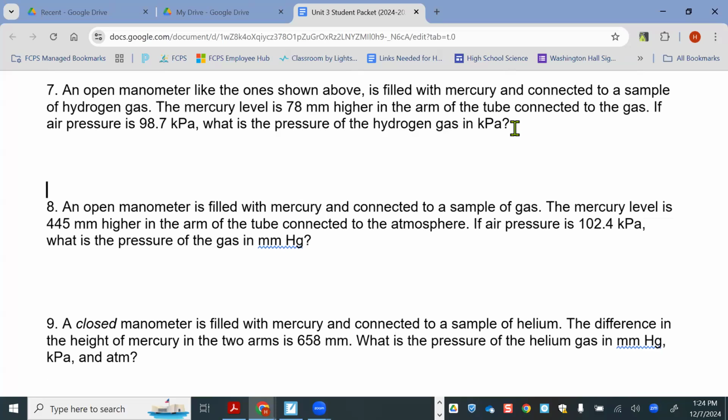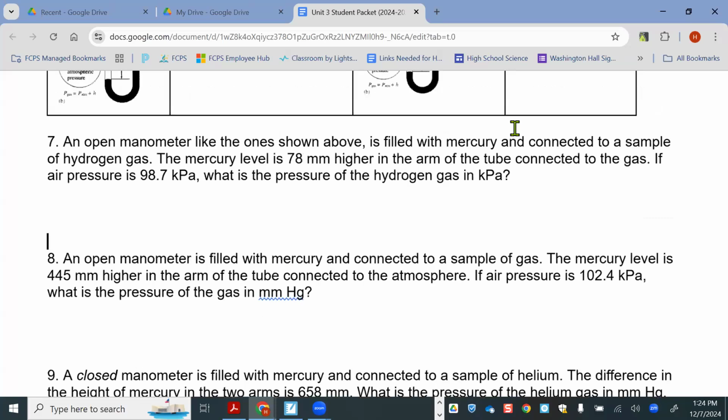This has an open manometer like the one shown above. It's filled with mercury and connected to a sample of hydrogen gas. The mercury level is 78 millimeters high in the arm of the tube connected to the gas. If the air pressure is 98.7 kPa, what is the pressure of the hydrogen gas? Okay. Let me go back up.